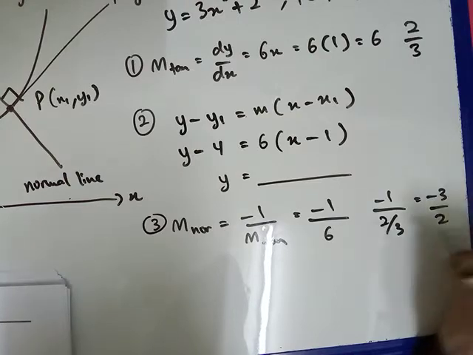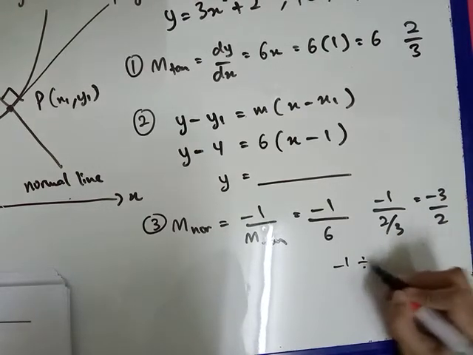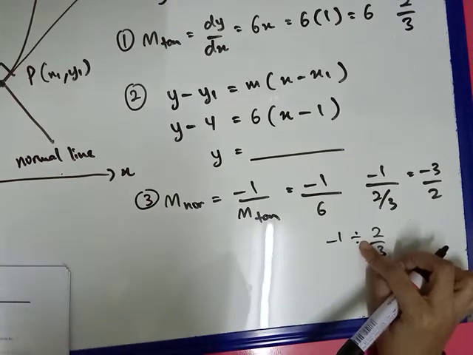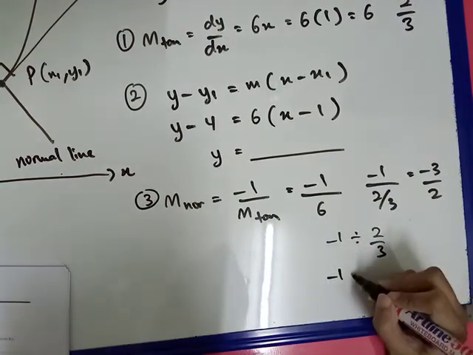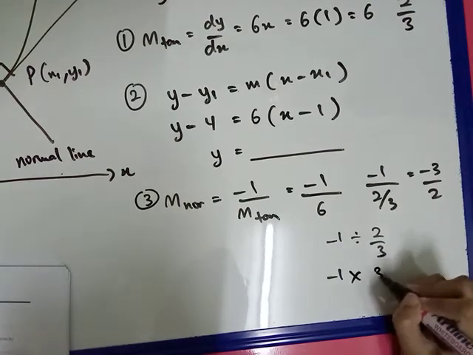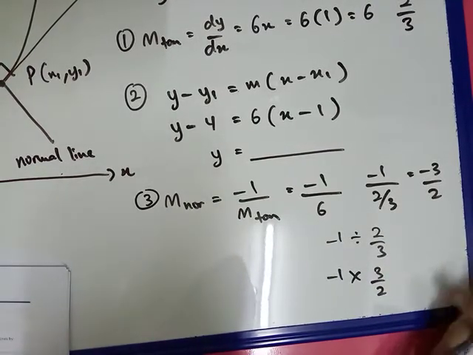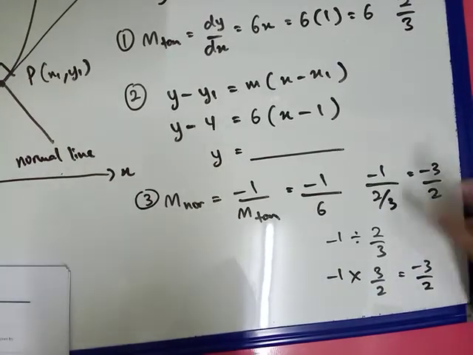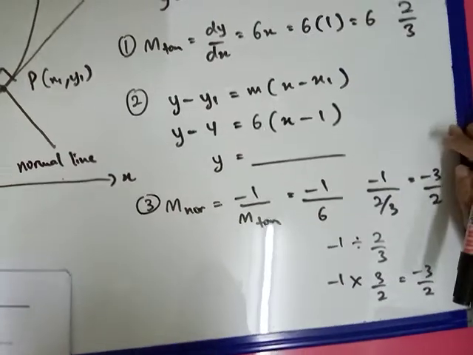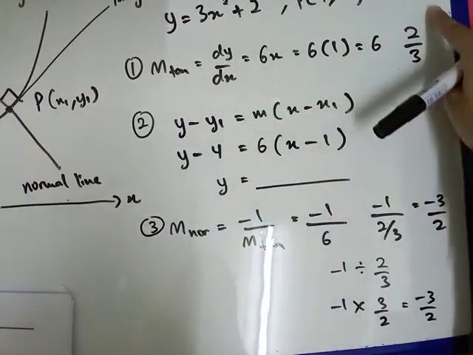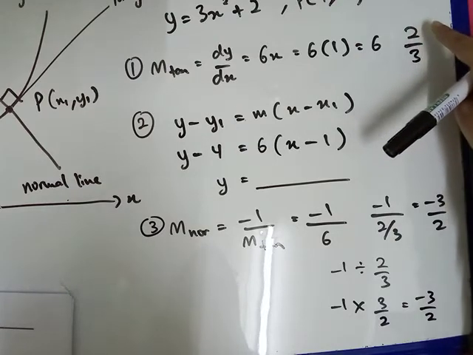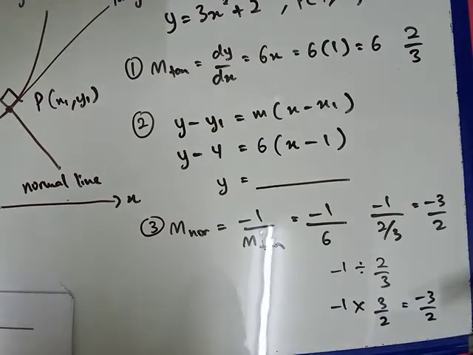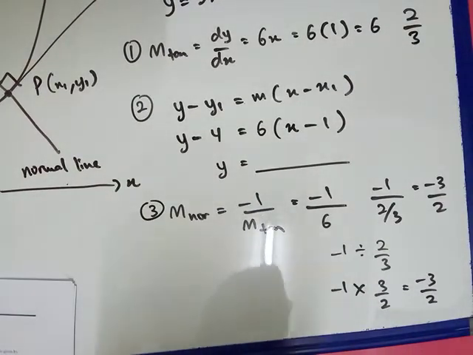Negative 1 divided by 2 over 3, from division make it multiply, 3 over 2. So negative 1 times 3, negative 3 over 2. You flip the value if you get the gradient of the tangent in fraction form. So if the gradient of the tangent is 2 over 3, then the gradient for the normal is negative 3 over 2.